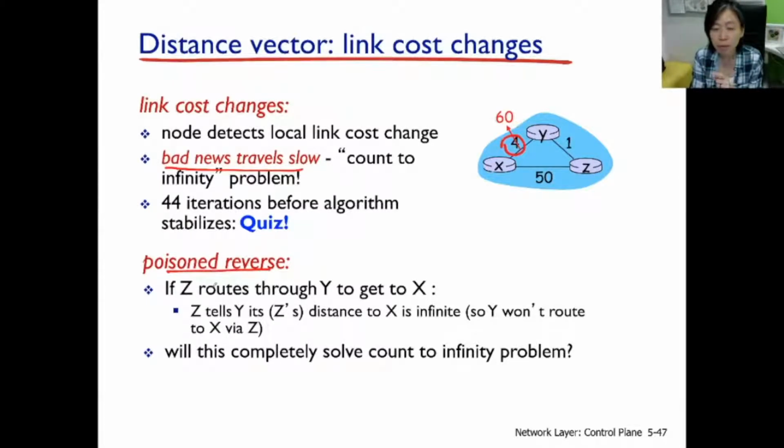In poison reverse, y and x, the two ends of a bad link, tell their neighbors that all your shortest path routes to the other node along the link need to be changed to infinite. That way, it prevents y from selecting z as the shortest distance to x.